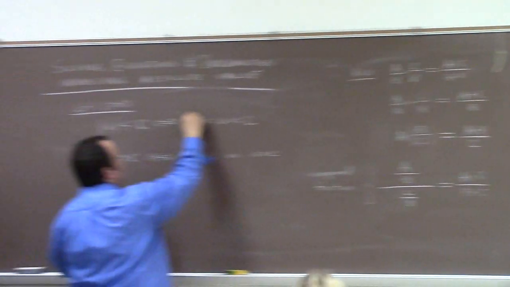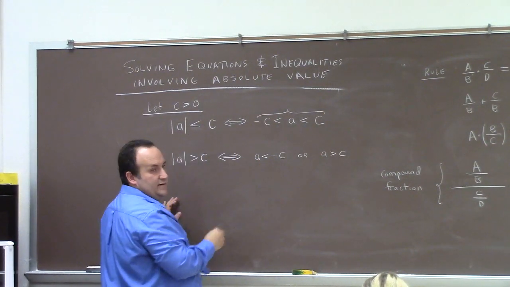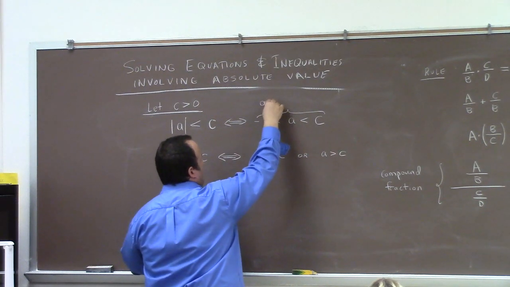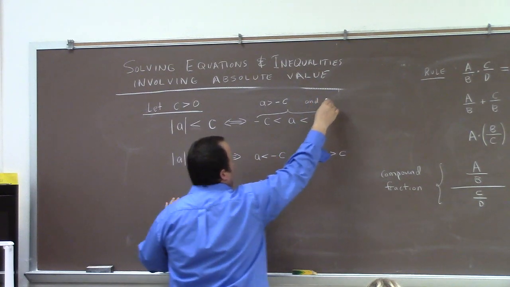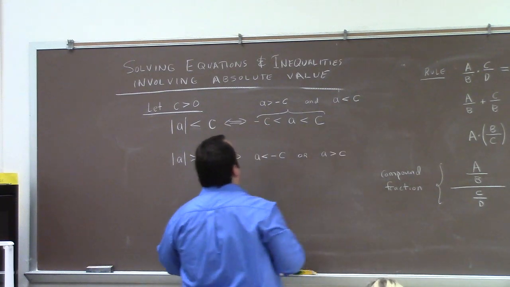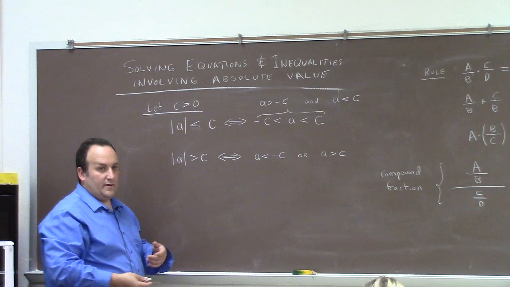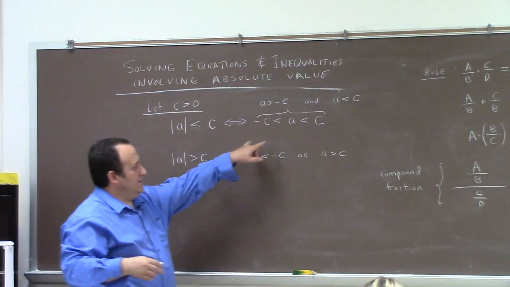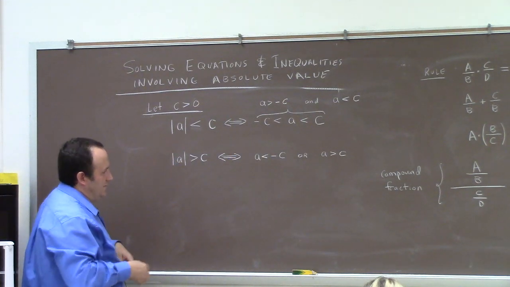So the upper one is really not so different. You could rewrite it as A is greater than minus C and A is less than C. So the first one is like an "and" and the second one is like an "or."